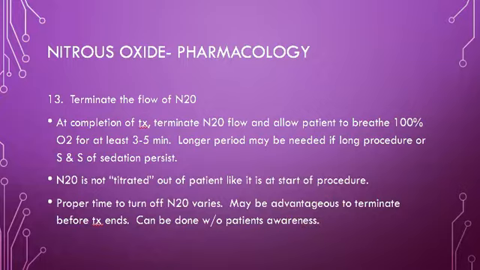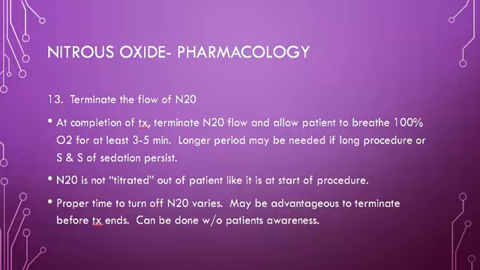Another example could be if you're doing a restoration on a patient. If you've just finished placing the restoration and you're about to take the rubber dam out, that would be a good time to turn off the nitrous oxide and put them on 100% oxygen for 5 minutes while you take the rubber dam out, check the occlusion, polish the restoration and so forth.